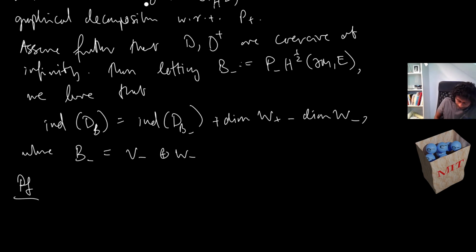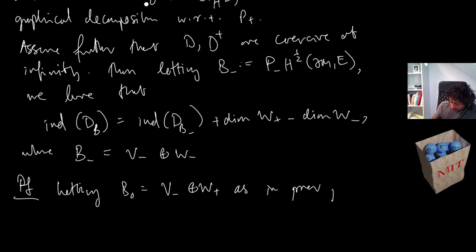Okay. So how do we prove this? Let B naught equal V minus plus W plus, as in the previous proposition.